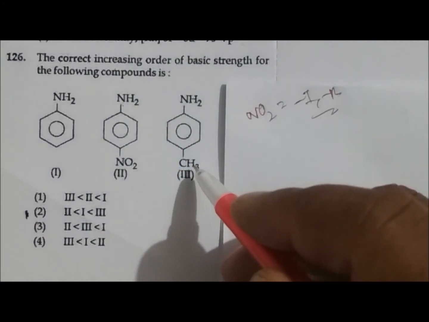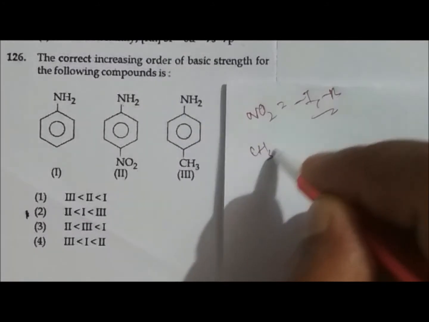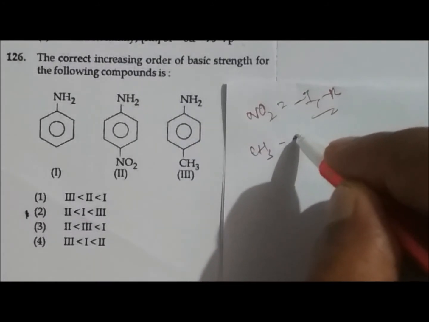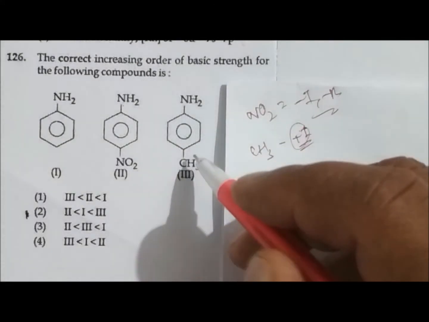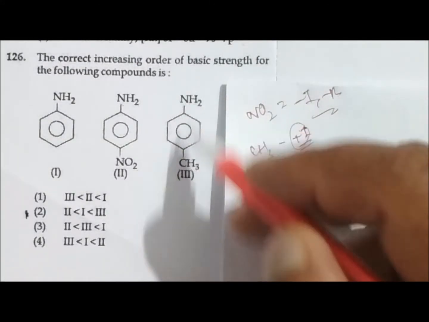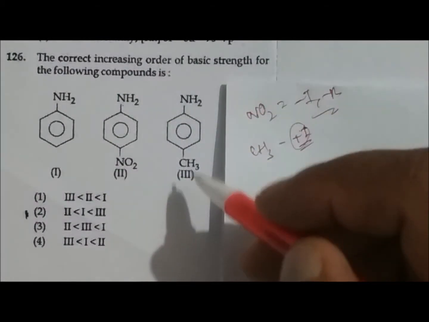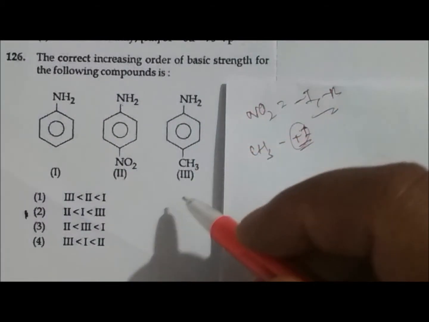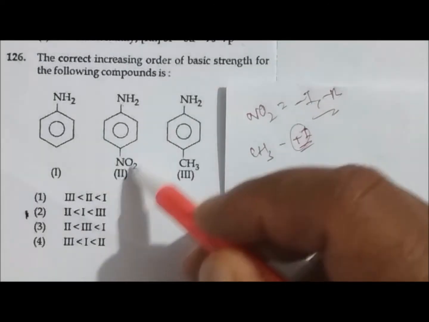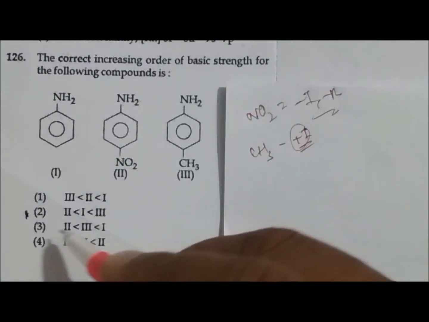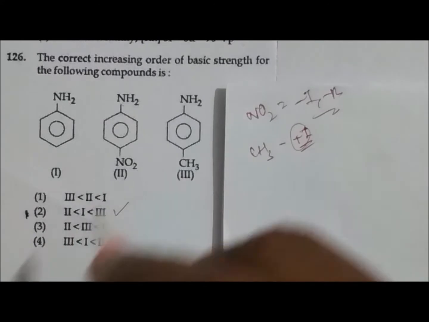And this is the methyl group. Methyl is an electron donating group with a plus I effect, so it will donate electrons to the ring, and in this way the ring will give electrons to the nitrogen. So the third is the strongest base, followed by 1 and then 2, because 2 has electron withdrawing capacity. So the correct answer is 3, 1 and 2.